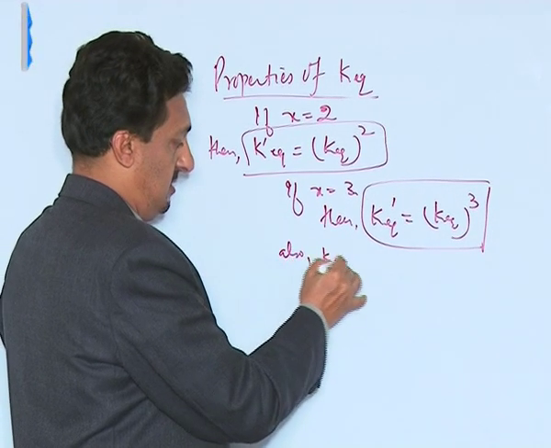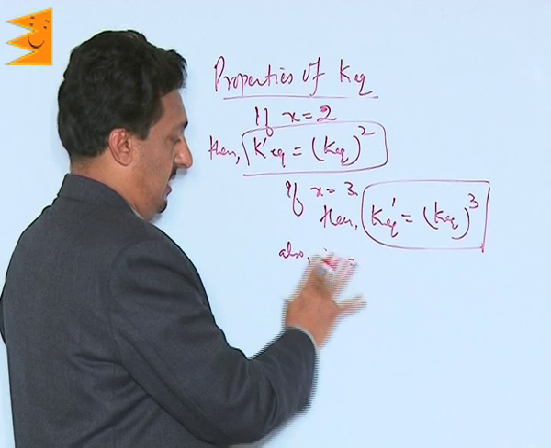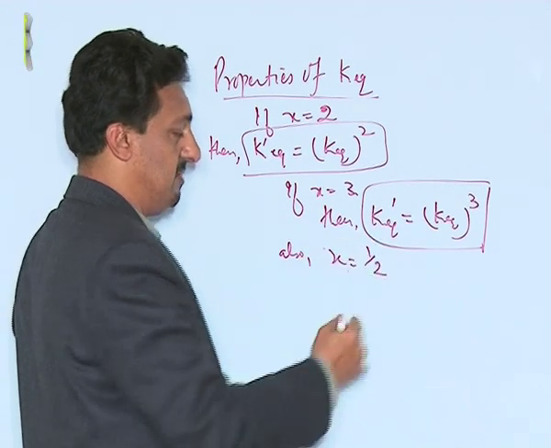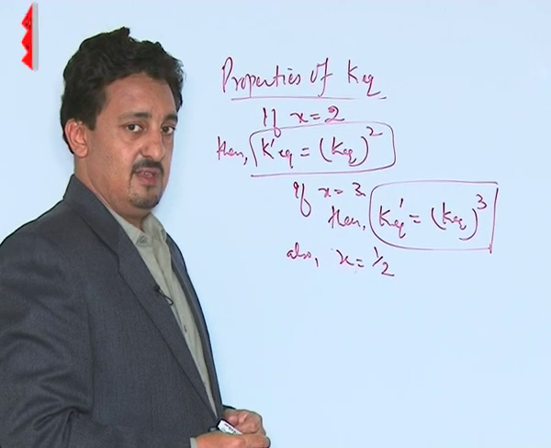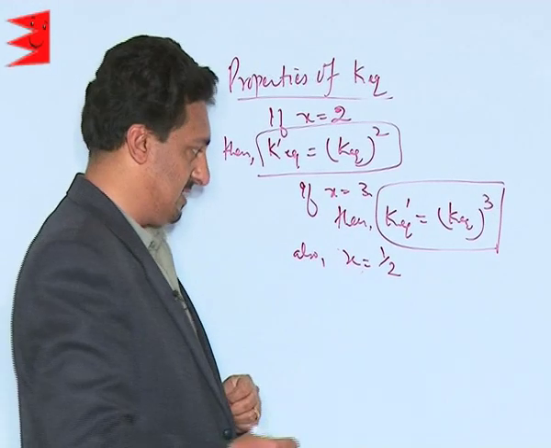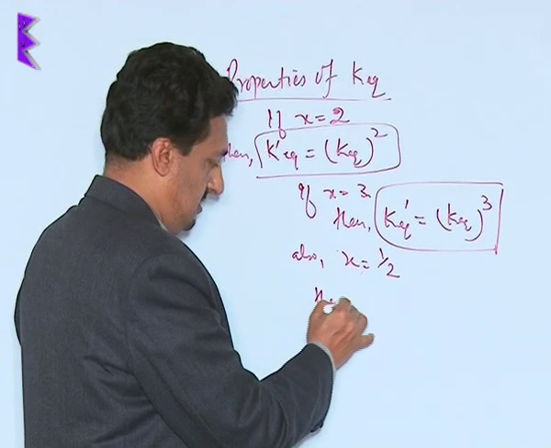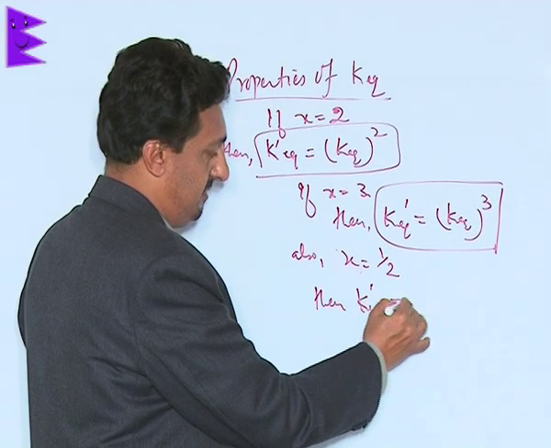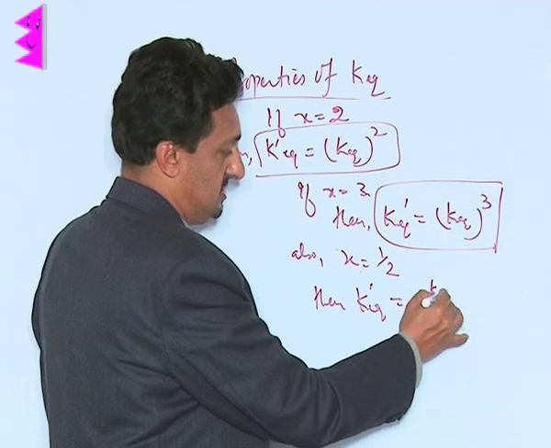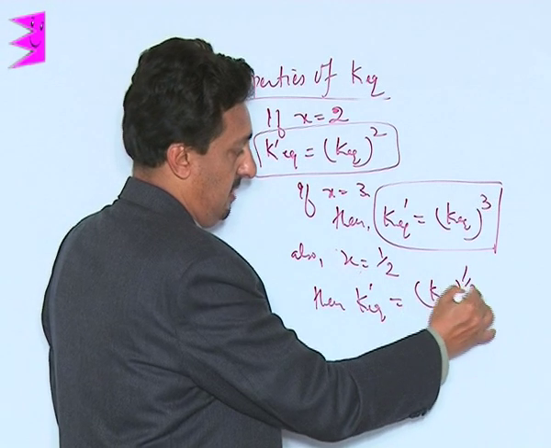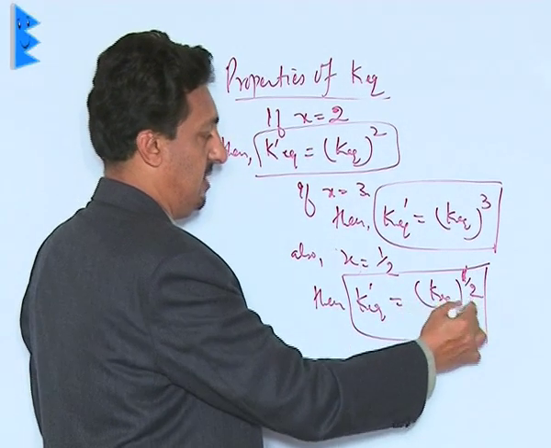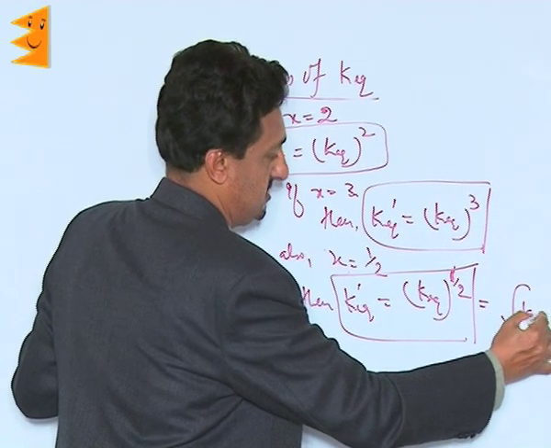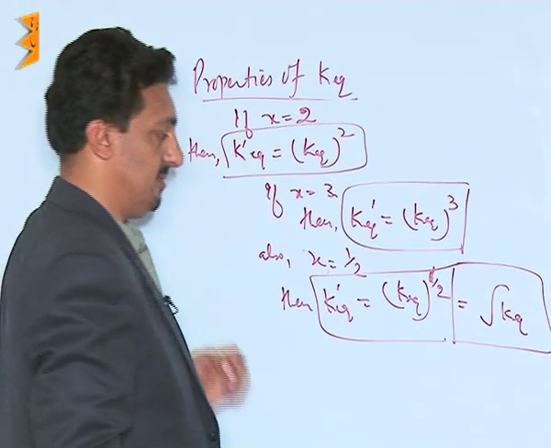Also, if your x is, suppose, 1 by 2, that means you are taking exactly half of the initial amounts of the reactants and the products, then your new equilibrium constant K dash is the 1 by 2 power of your previous equilibrium constant. It means it can be expressed as the square root of your previous equilibrium constant.